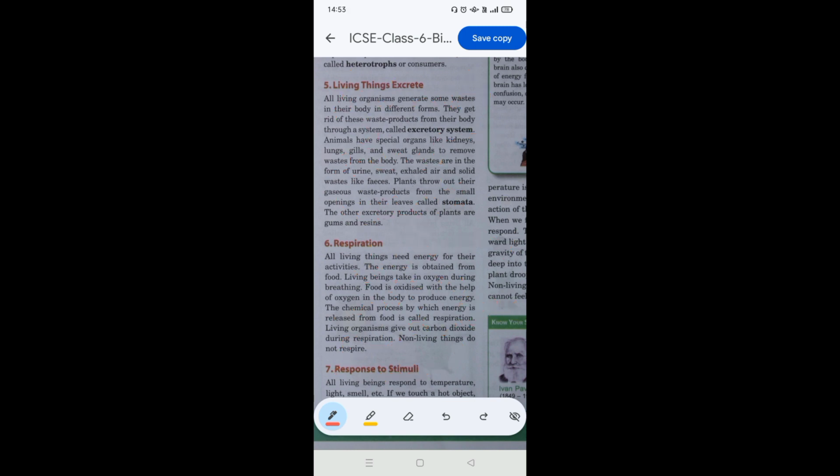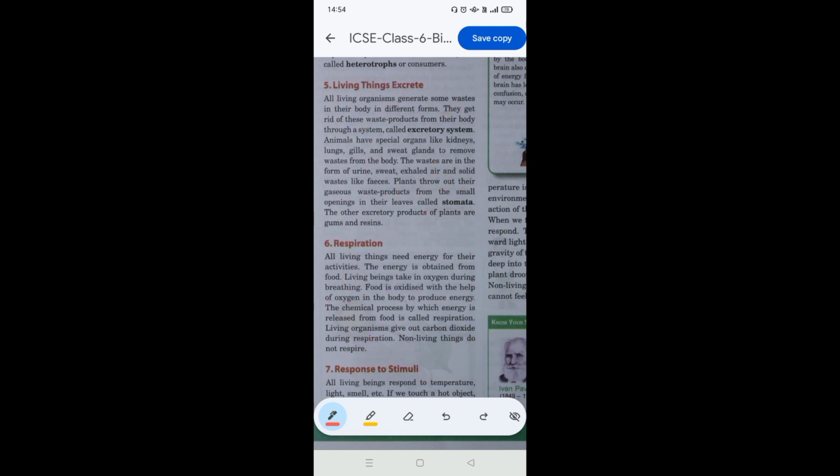In case of plants, they have small openings in leaves called stomata through which they excrete.